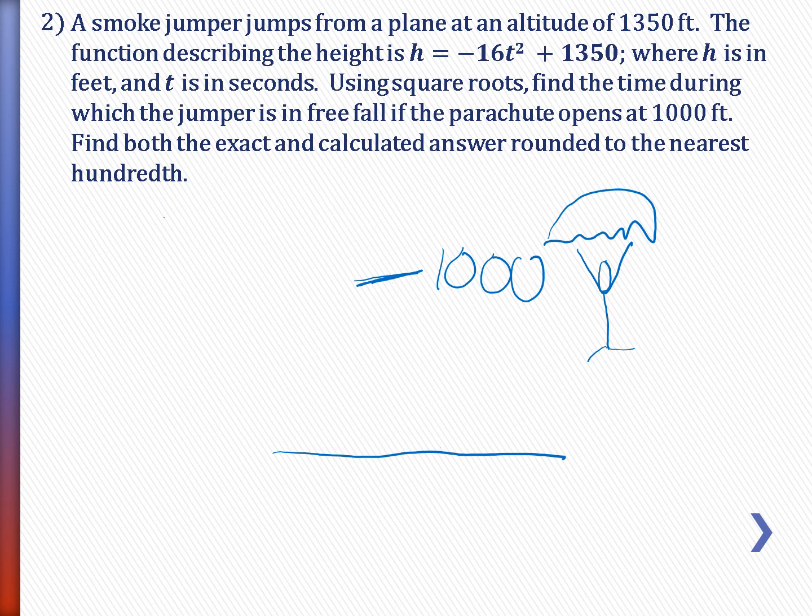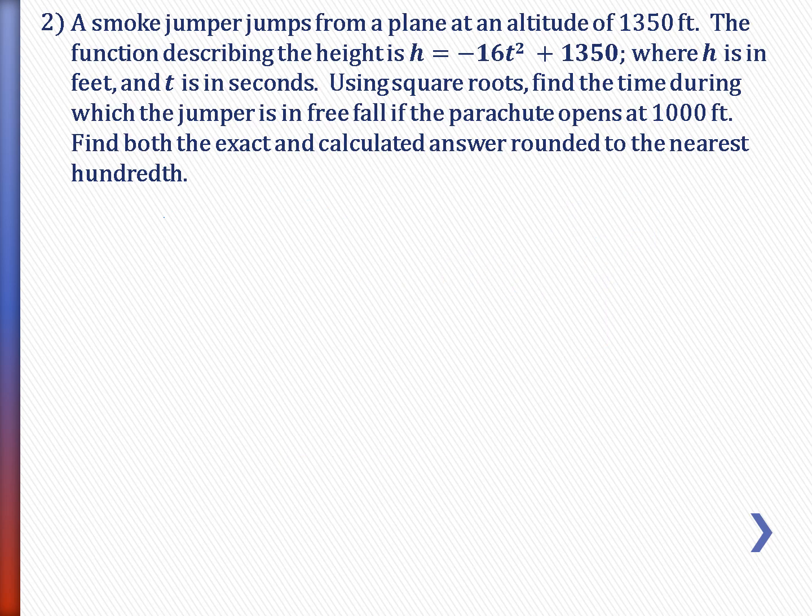Well, we know he jumps at time equals 0, so we're going to start our time at time equals 0. That's when he jumps from the plane. And I want to know how long it takes till his parachute opens at 1,000 feet. So at 1,000 feet, the chute opens, and we're going to set the height equal to 1,000.